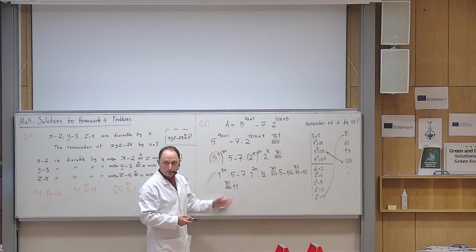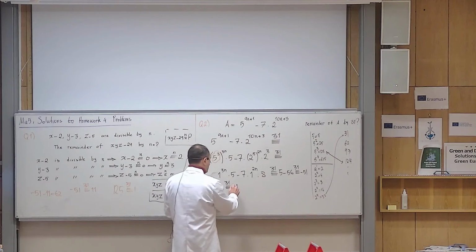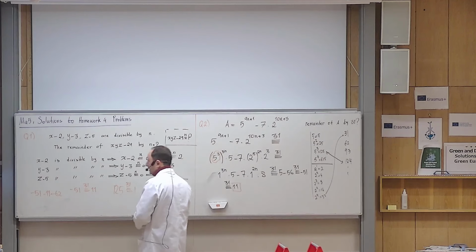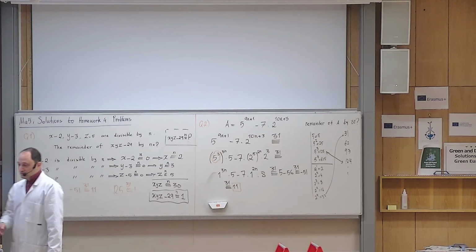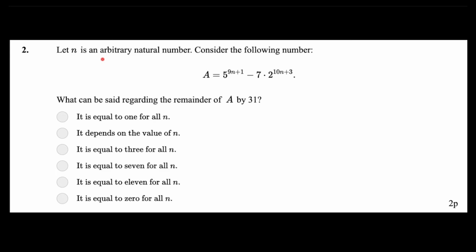Yes. So this is acceptable as the remainder. So the answer to this problem is always 11, independent of what I choose for n. So which answer is that? This one. Yes? It is equal to 11 for all n, without knowing what n is. Yes? Is that clear?